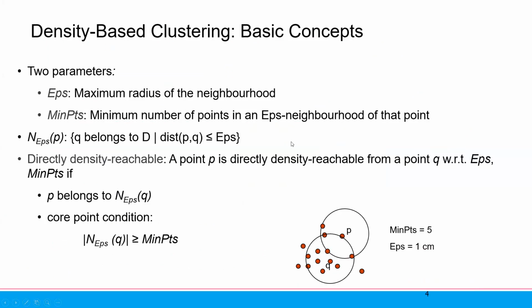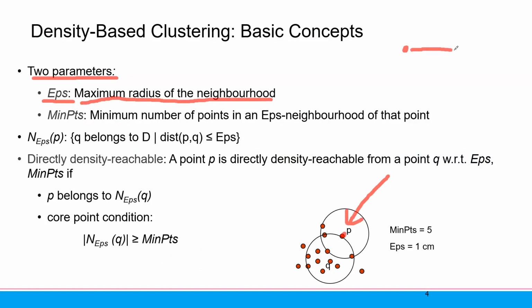In density-based clustering, we have two parameters. The first is EPS. EPS means the maximum radius of the neighborhood. For example, I have the data point P, so I can have the radius.